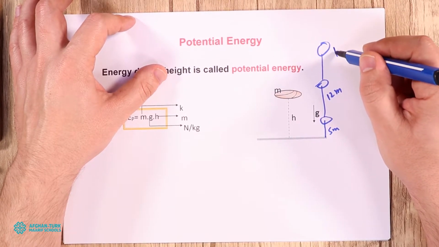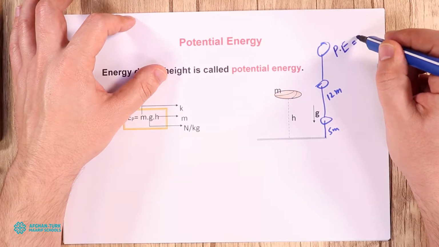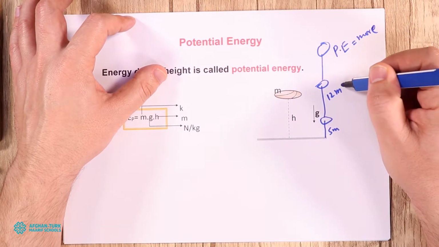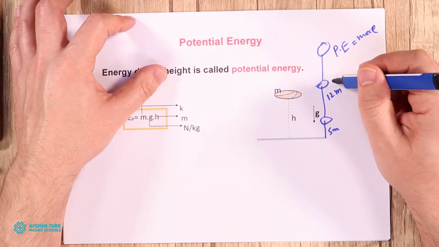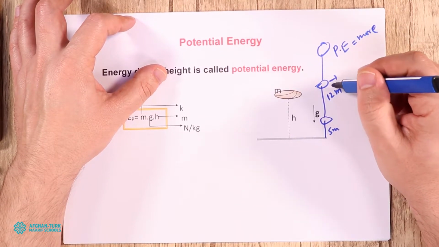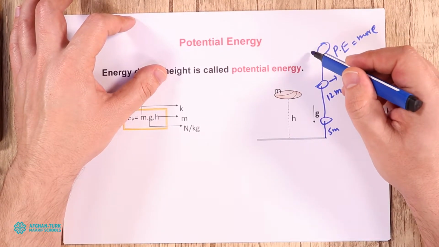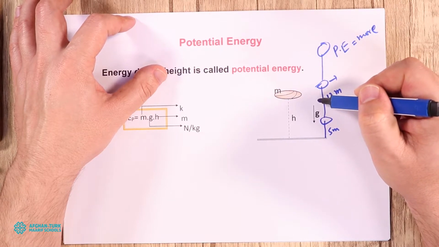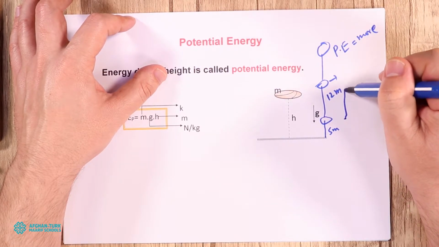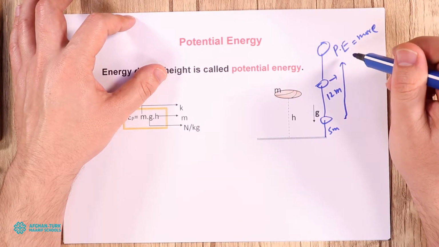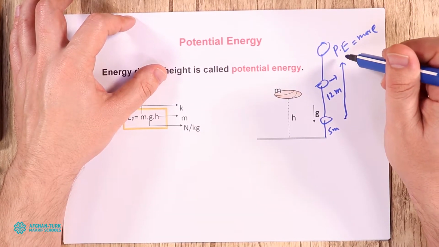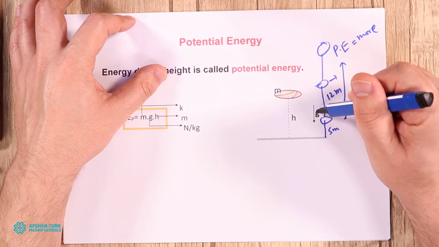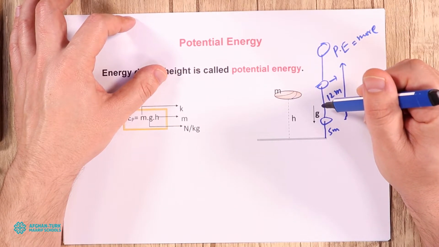In this position the potential energy is more, and this position is also more than this position. If we move downward, the potential energy is decreased, but if we move upward, the potential energy is increased.